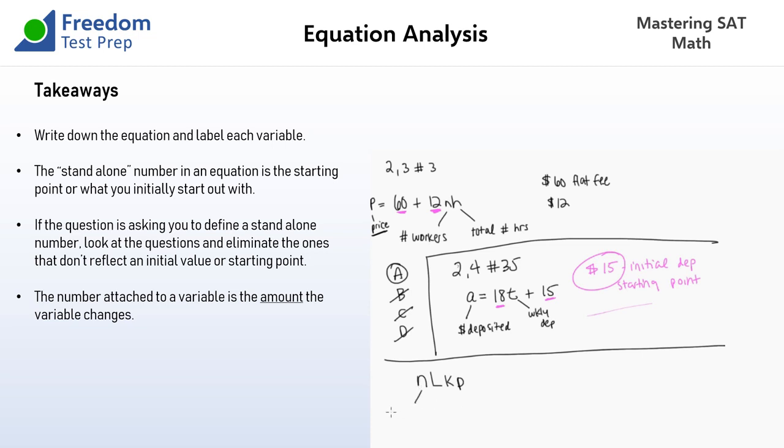So let's say N is the number of walls in the room, and L is the length of each wall. And let's say K has to do with money. Let's say it's money per square foot, and then P is the height, let's just say, of the walls.